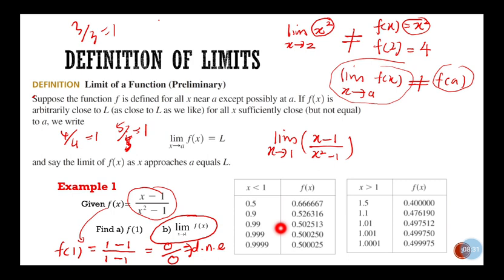So here we focus on x approaching 1 for x less than 1, or x approaching 1 from the left. This is the region where x is less than 1 and this is the region where x is more than 1, right? So from the left means x approaching from less than 1.